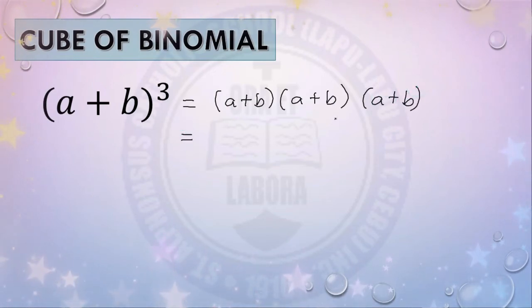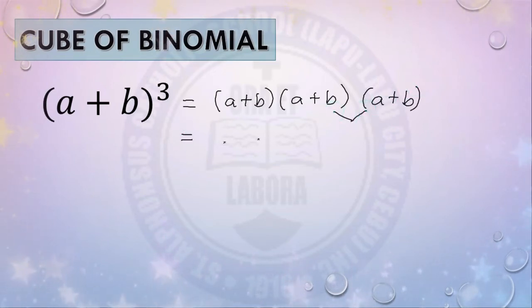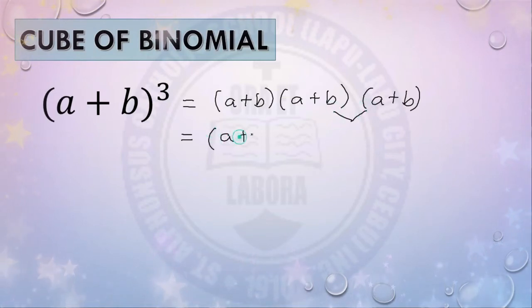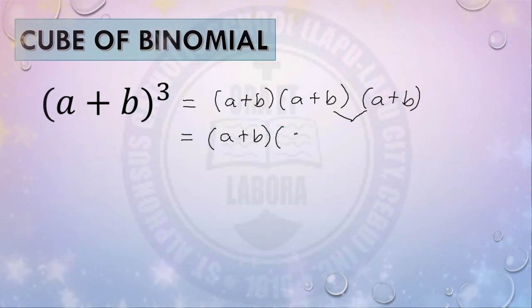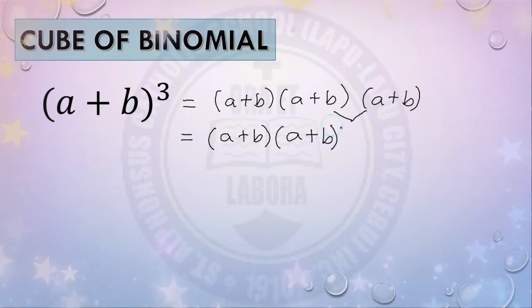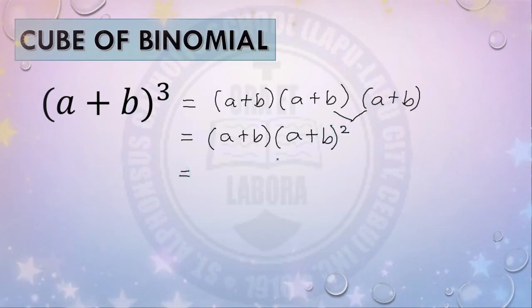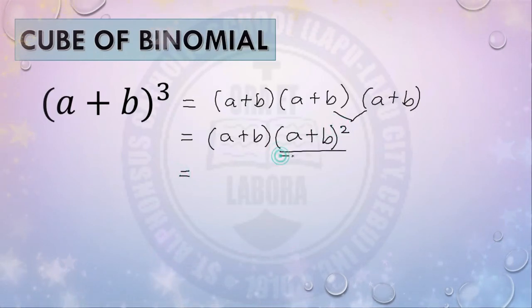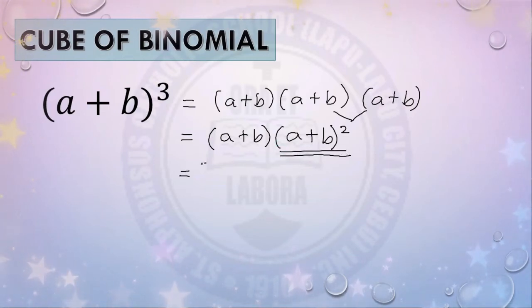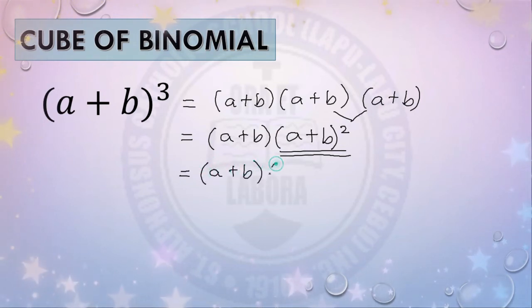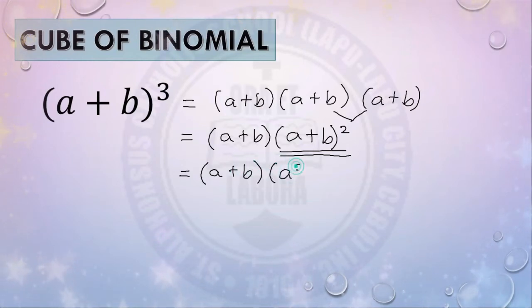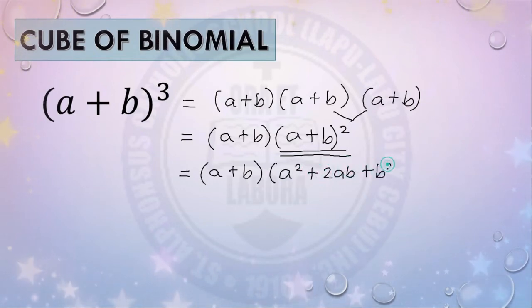We're going to combine these two binomials here because we already know they multiply by itself twice, so it's a plus b squared. And we are very familiar with this because we have already discussed it in the first topic, the square of a binomial. So we already know that squaring a binomial is equal to a squared plus 2ab plus b squared.